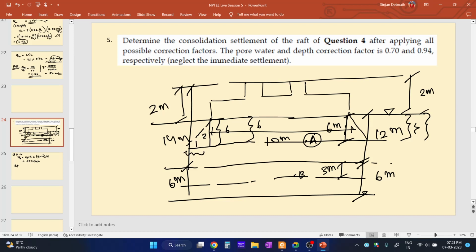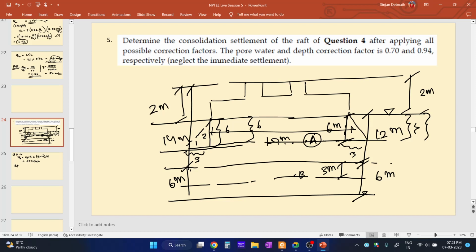If this one is 2, this is 1, 2:1, that means this will be 3 and this will also be 3. So what is the effective breadth of the raft at point A, at a depth of 6 meter? It is the half of the layer 1.